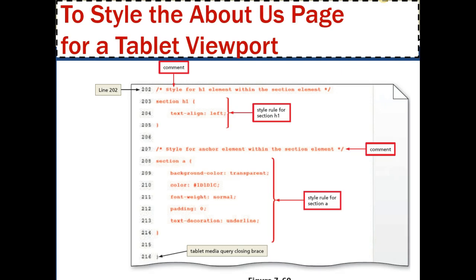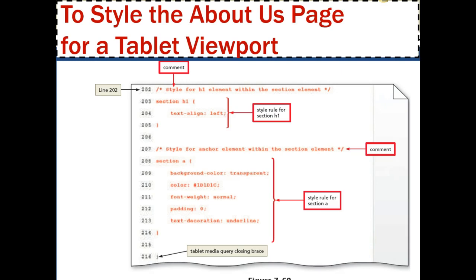And then on line 207, you type another comment, which means that you are inserting a new comment. And then on line 208, you are adding a section A.